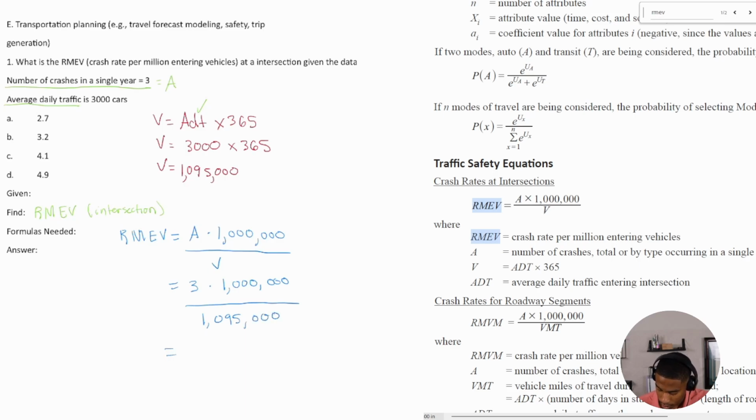And for your RMEV, you should get 2.74 crashes per million entering vehicles.